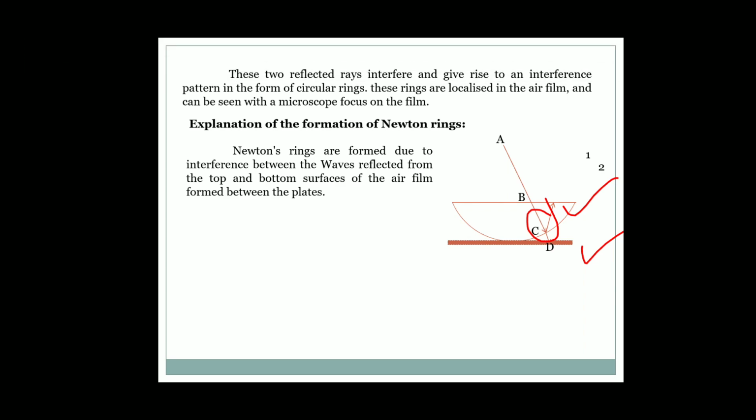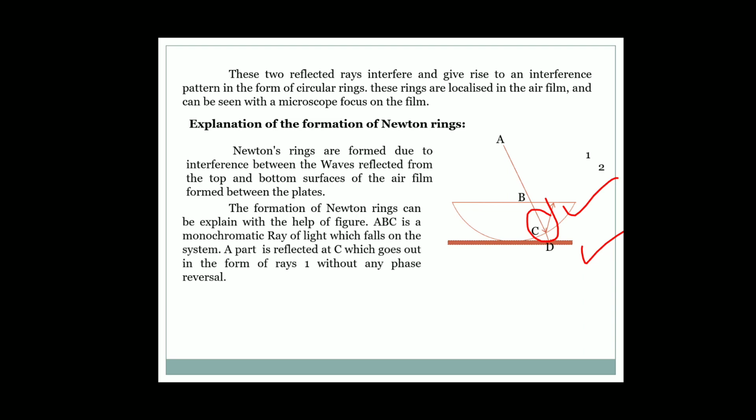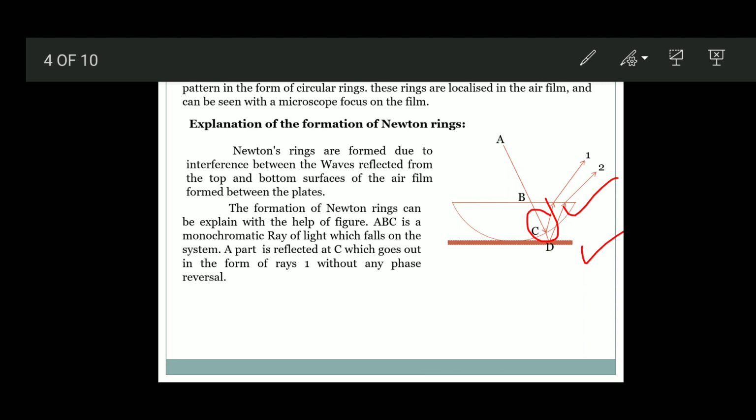At C and at D, again two rays are reflected back along the directions 1 and 2. This is only for understanding. These rays 1 and 2 interfere with each other and produce interference.